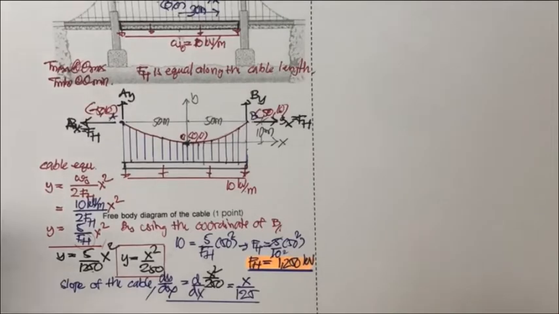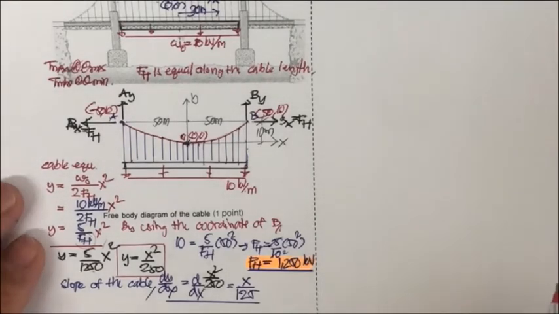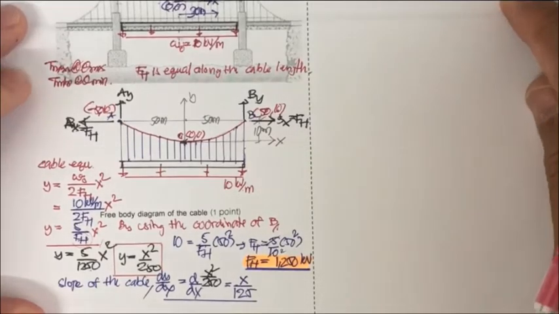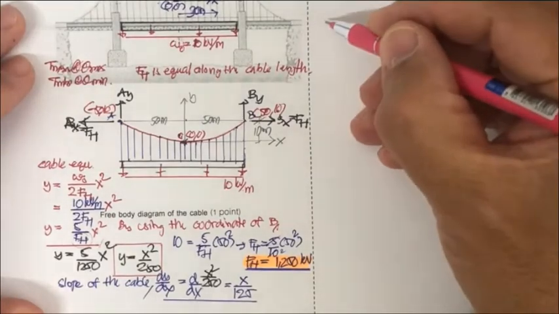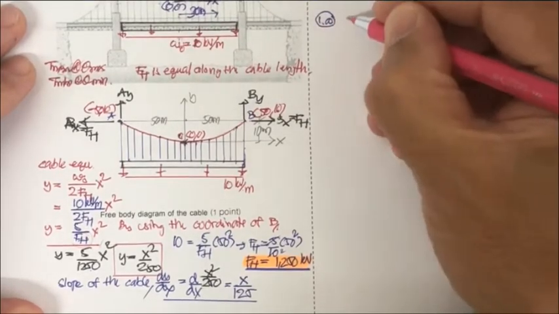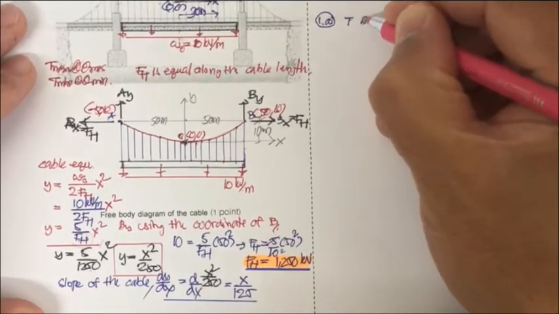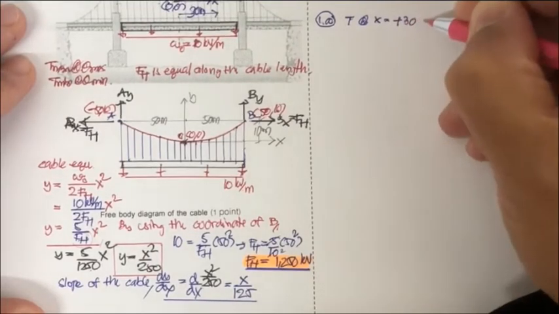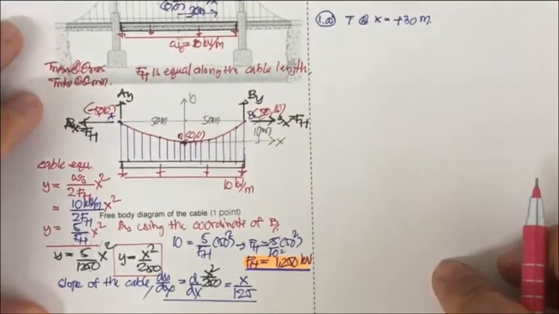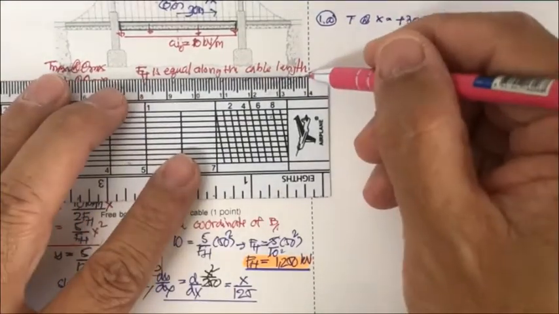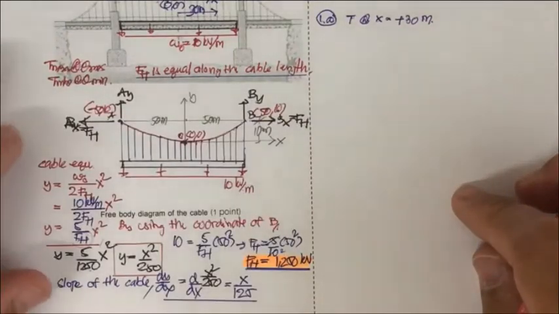Okay, now we come to find what they ask us to do. The first one, they ask us to determine T at point A, at x equal to plus 30 meter. F sub H is equal to all the length of the cable.